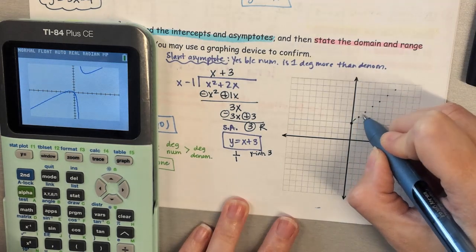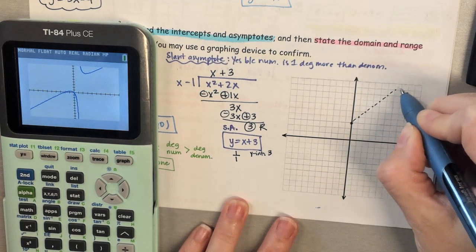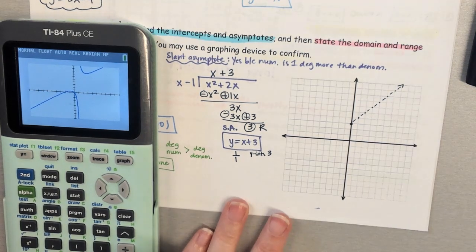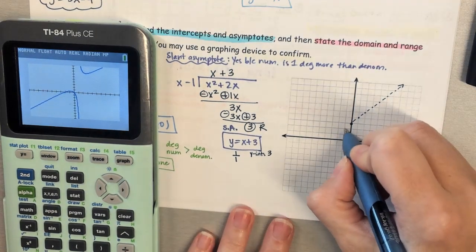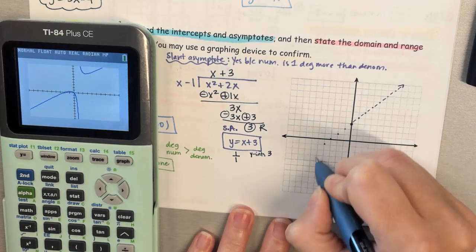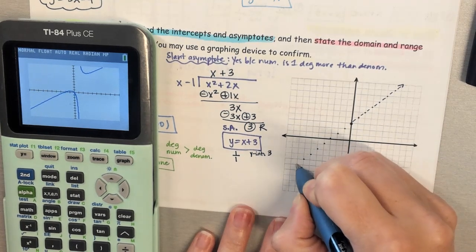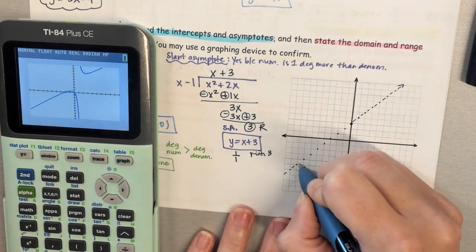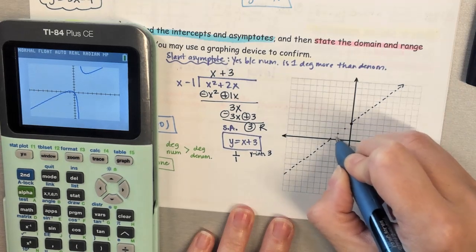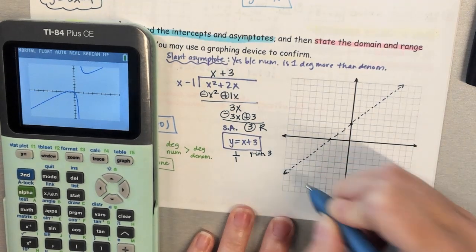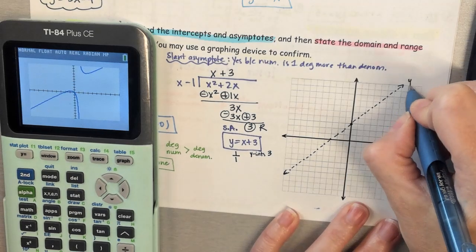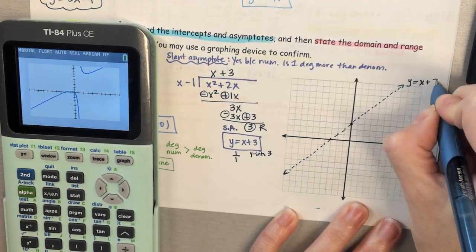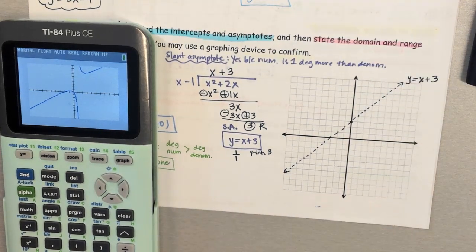And then just like we've done with all of our other asymptotes, it's going to be a slanted line. And then you can go down 1, back 1. And then you want it to span your whole grid. These are creating the bounds for where your branches are going to be.